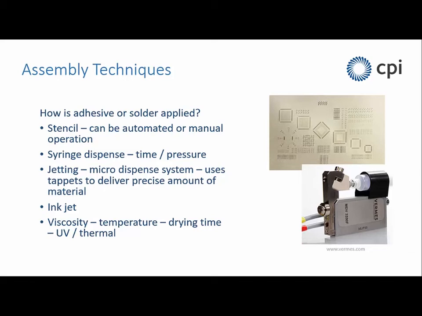It's possible to stencil the adhesive down onto your printed circuit, your flexible circuit, place the components, and we'll see an example of this later, and then cure them in an oven en masse, and that works extremely well. It's also possible to use things like syringe dispense, where a small amount of material is dispensed by compressing the syringe over time at a particular pressure.